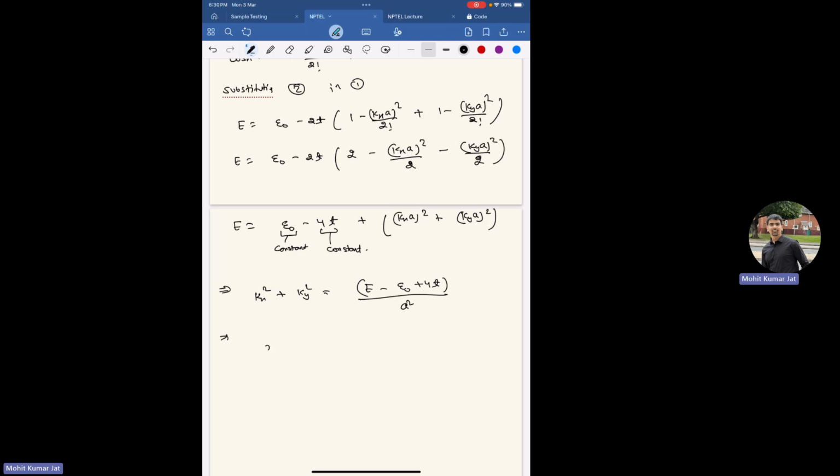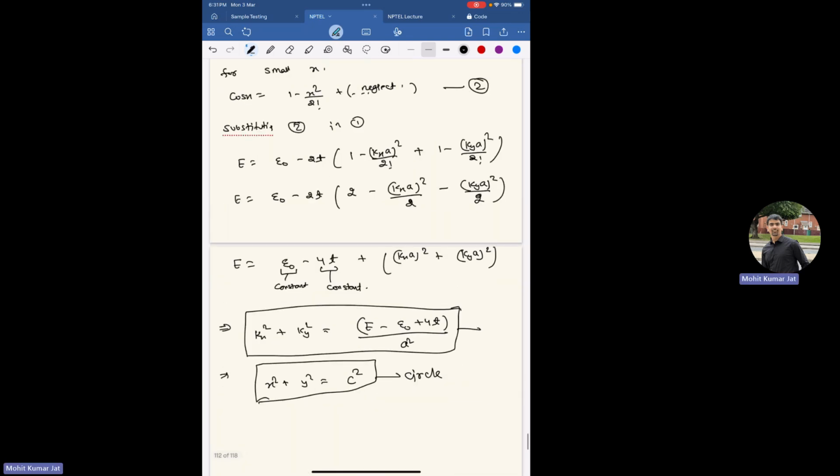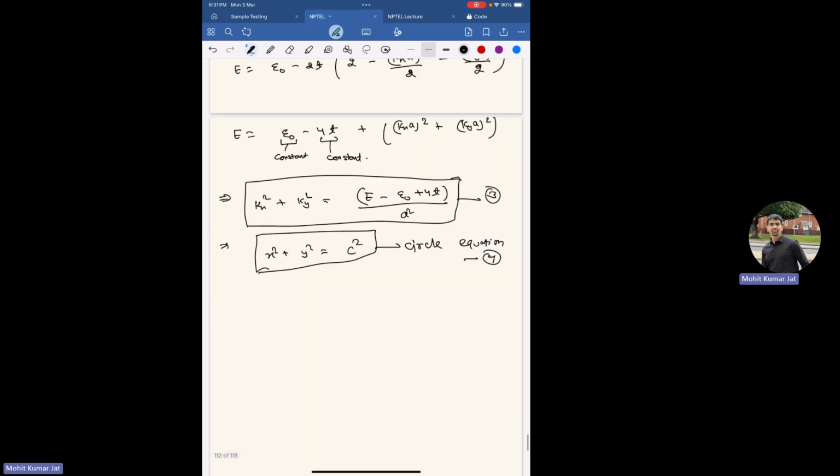Let me write it in a different form: x squared plus y squared equals c squared. This is the equation of a circle. If you compare these two, this is my equation number 3, and this is equation number 4.